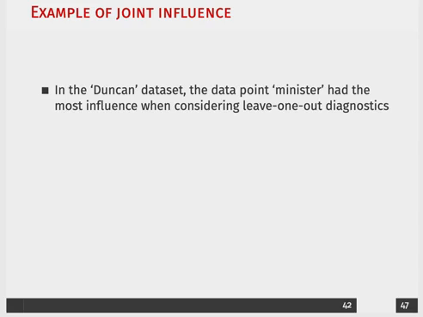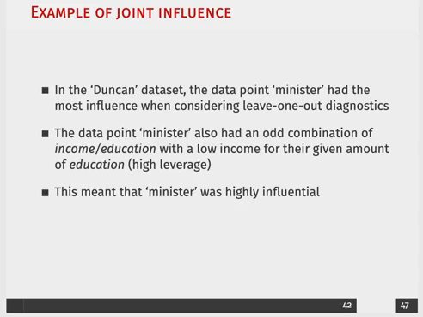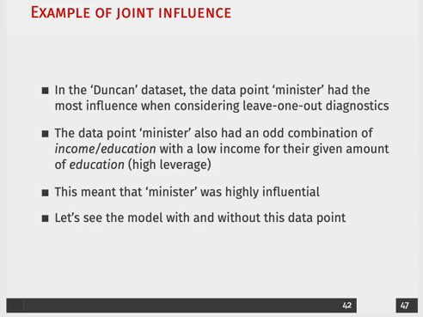It had high leverage and it also had high studentized residuals. So we want to check, does it have high joint influence? It also had an odd combination of income and education, where there is low income for the field, but high education. So it had high leverage.